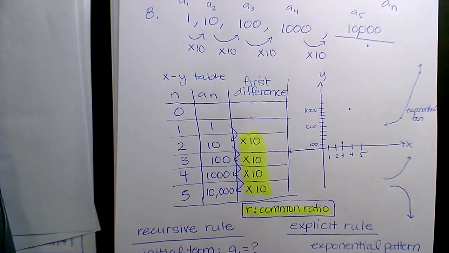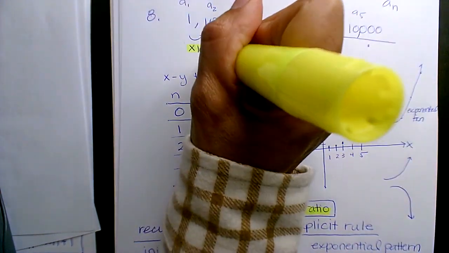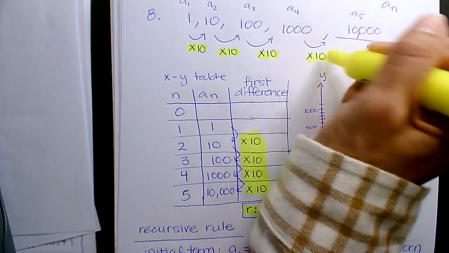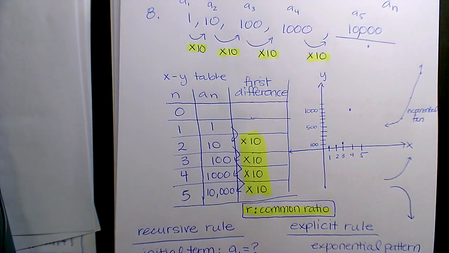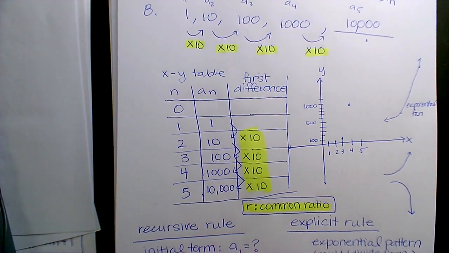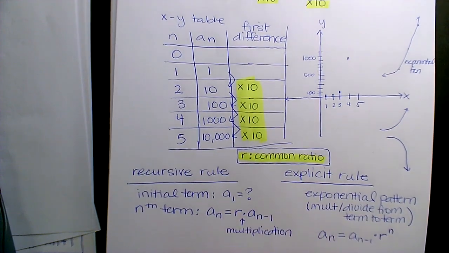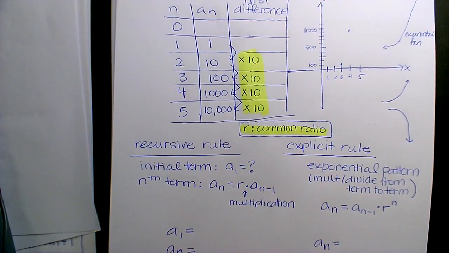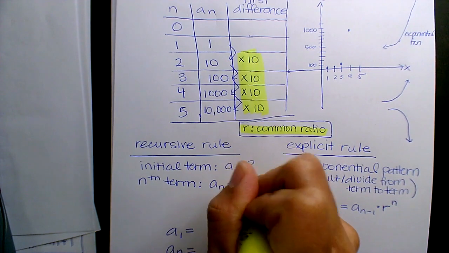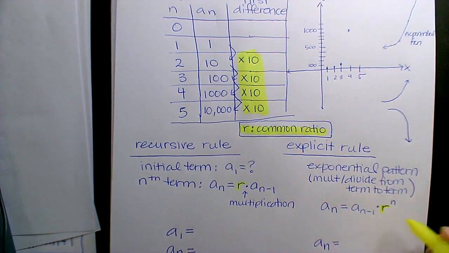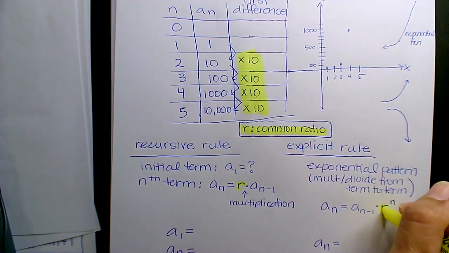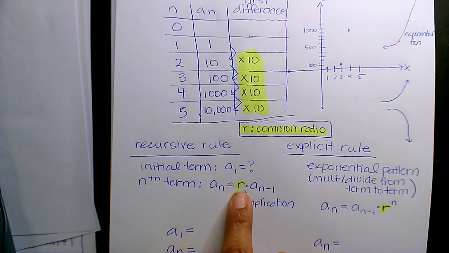Or you can look up above here, times 10, times 10, times 10, times 10. That common consistent multiplication is your common ratio. That's what you're going to put here and here. That's where that substitution is going to occur. So you know that R is going to be 10, a positive 10.